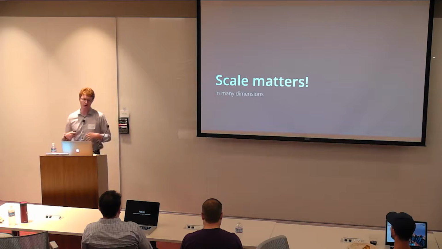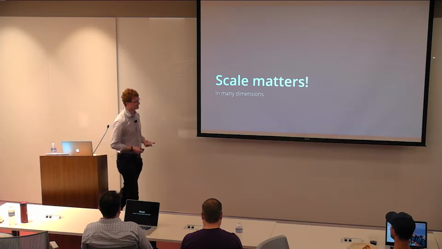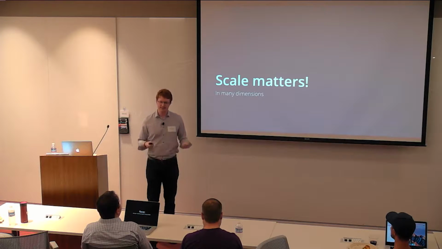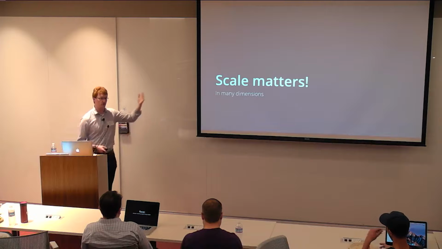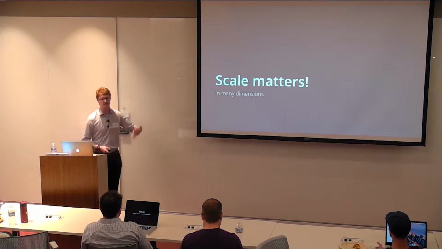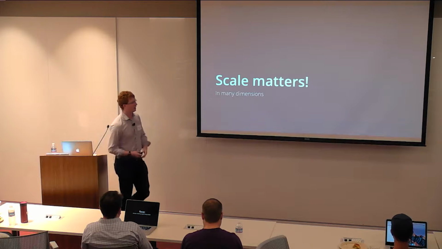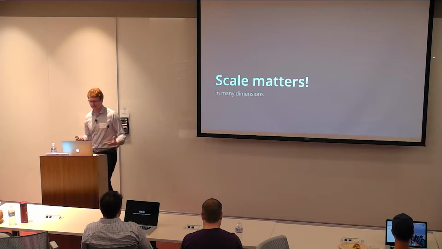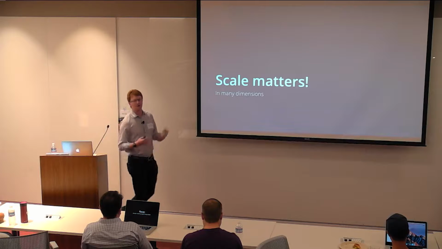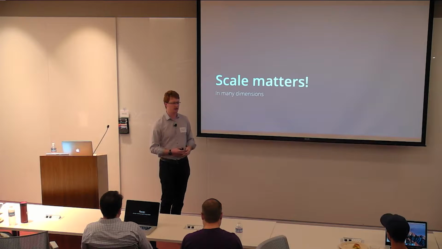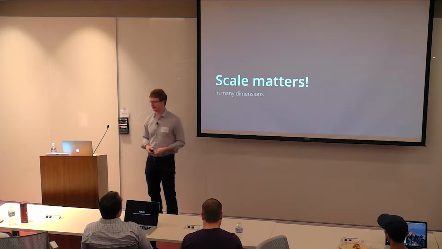So what are the key lessons that we learned out of this? The biggest is that scale matters. Sure, scale matters in terms of data set size. As our course catalog grew, we had to do something slightly less naive. And that's something that we learned as we grew up. But scale also matters in terms of the number of queries per second, and in terms of how many users are using your site.